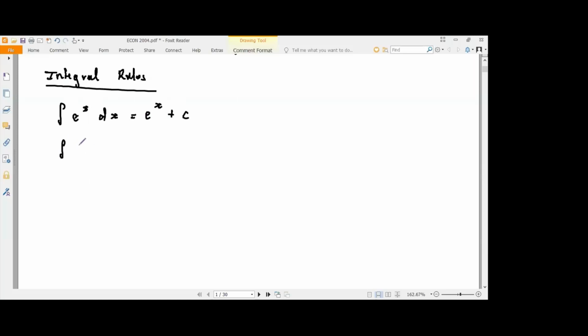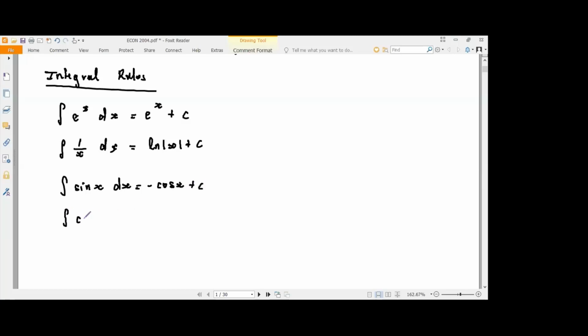The integral of 1 over x dx is going to be equal to ln mod x plus c. The mod here is very important, because without it you haven't restricted the domain. The integral of sine x, which we're going to be using today, is equal to negative cosine x plus c.